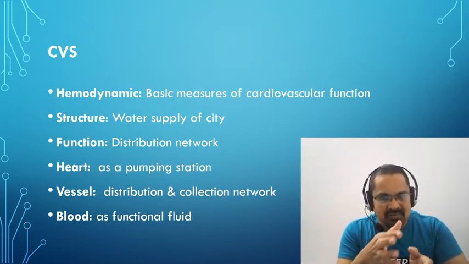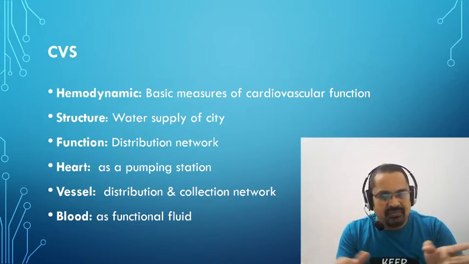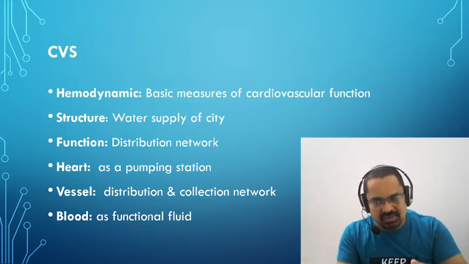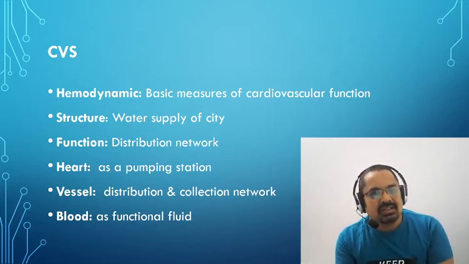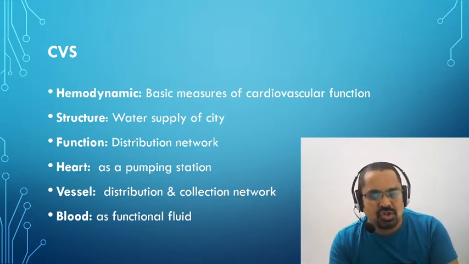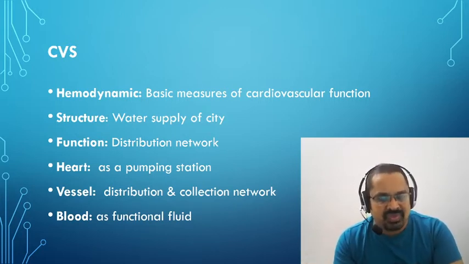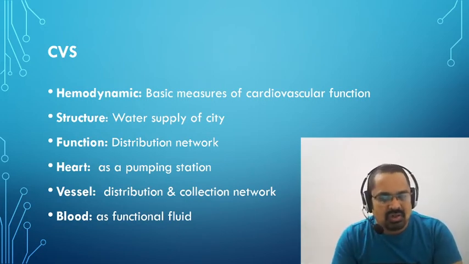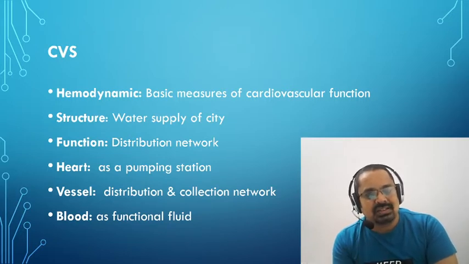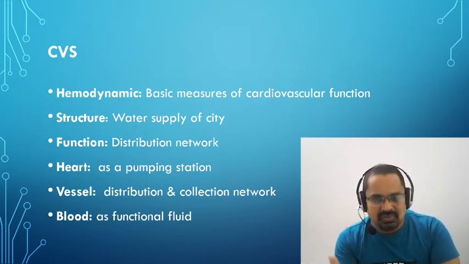Then the big blood vessels go towards the different organs, they divide into arterioles, then into capillaries, and at the capillary end the blood is delivered to the tissue for exchange, similar to opening the tap and getting water out of it and utilizing it. Now what happens once you utilize that water? It will be collected again.